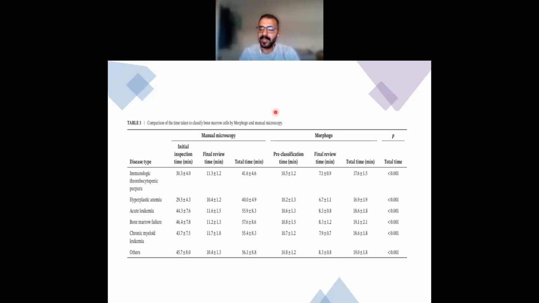Yes, that's right. That's the reason they don't use it fully in the clinical or medical field. They need more validation in many centers, with many data and many disease types. So it still needs a human.